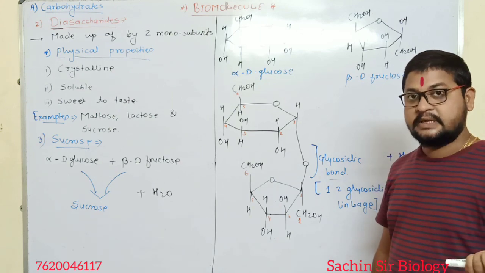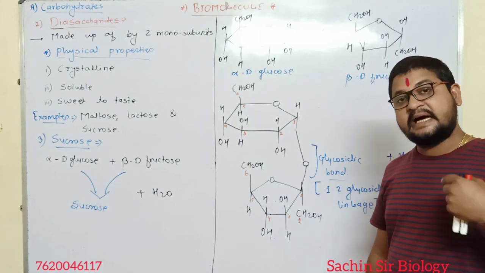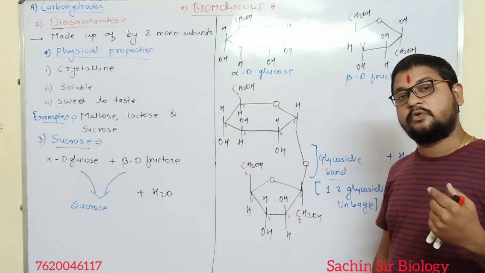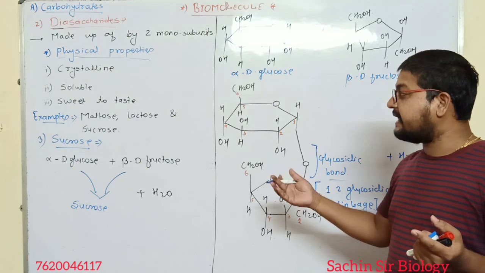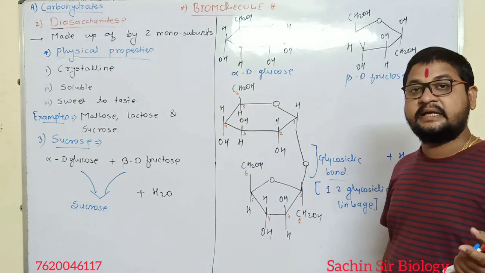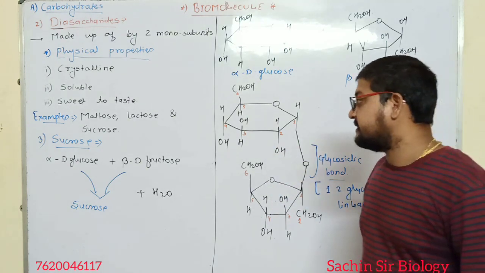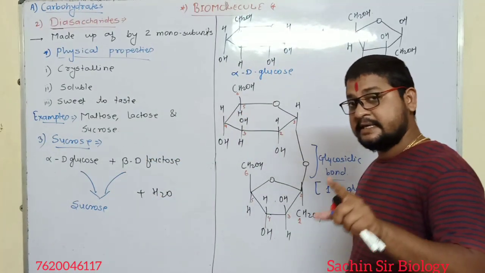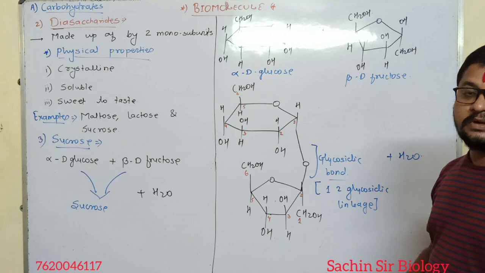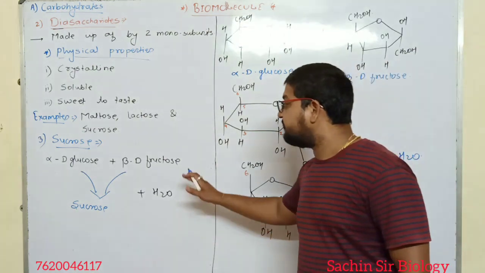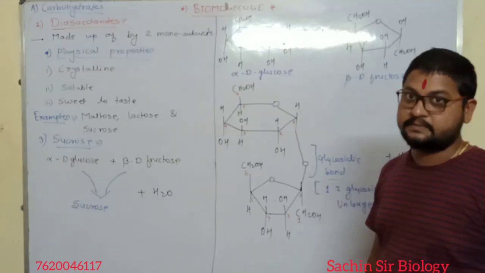I told you, instead of beta D glucose, alpha D glucose is also involved in the formation of lactose along with beta D galactose. Now, see, sucrose is made up of alpha D glucose and beta D fructose monosaccharides.